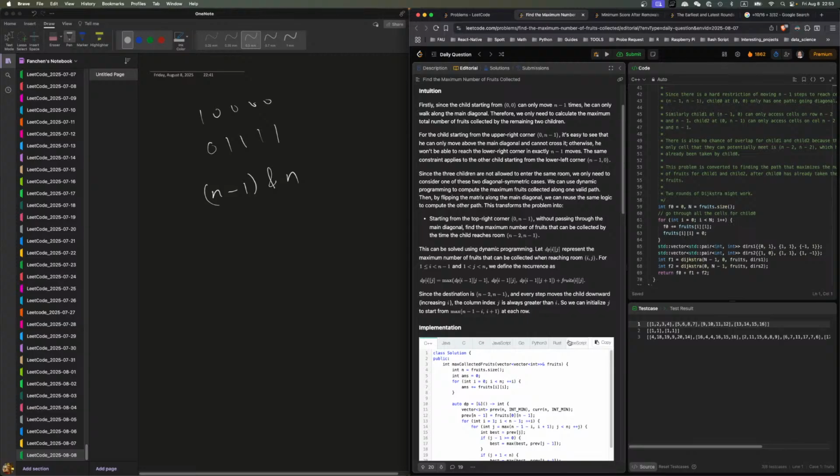So you have the smallest I is going to be I plus 1, right? And the biggest I is going to be n minus 1 minus I. So this basically defines what j can be.